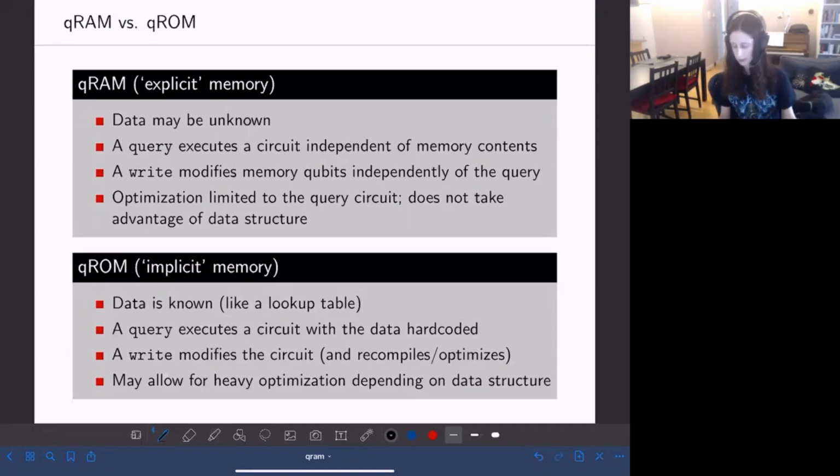What's more difficult about this, though, is that if you want to write to the qROM, you have to remake your circuit and recompile and reoptimize it. But that said, because you know the structure of the memory, there's maybe some really nice optimization that you could take advantage of, and maybe there are some patterns in the data.